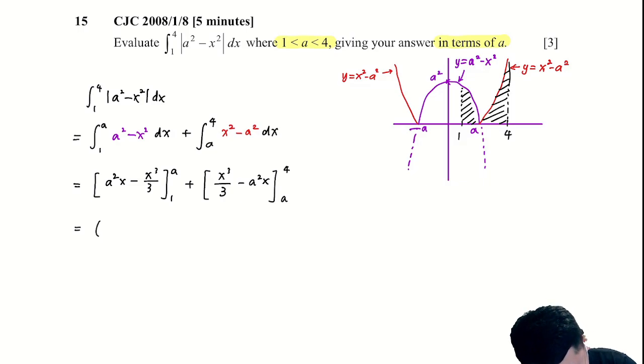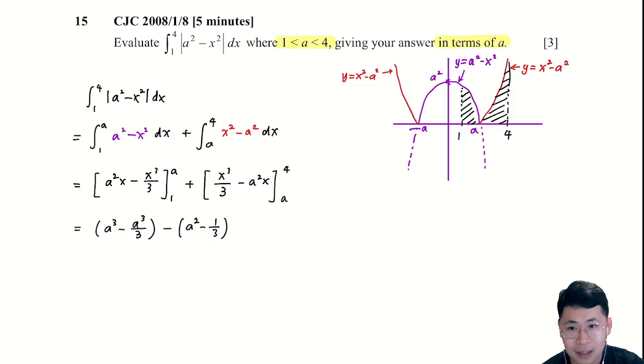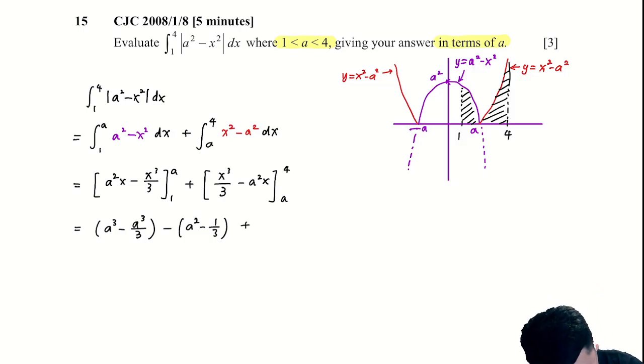So I'm going to get a cubed minus a cubed over 3 minus a squared minus 1 over 3. Put in the a, put in the 1. Next one, I'm also going to put in 4 and a. So putting in 4, I have 64 over 3 minus 4a squared. Putting in a, I get a cubed over 3 minus a cubed.